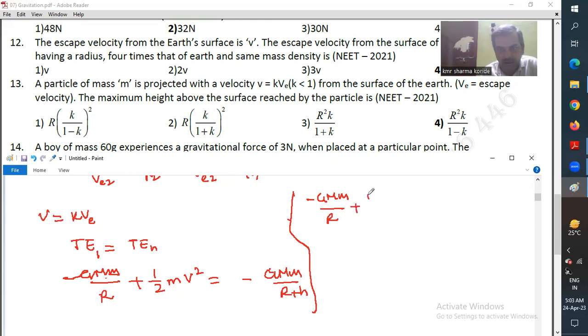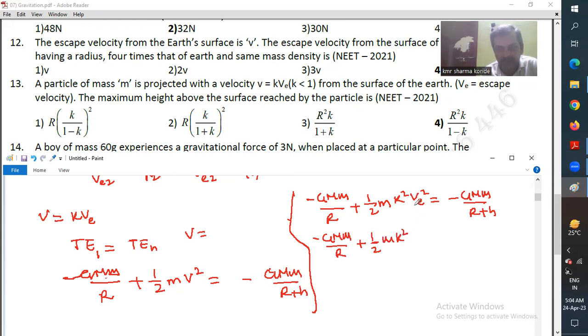plus half m v square. They mentioned to take k square, because v is kV. V square is k square and the escape velocity square is equal to minus GMm by R plus h. Now, minus GMm by R plus half m into k square.